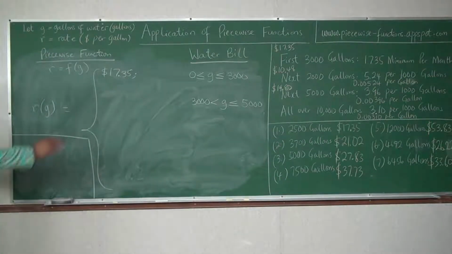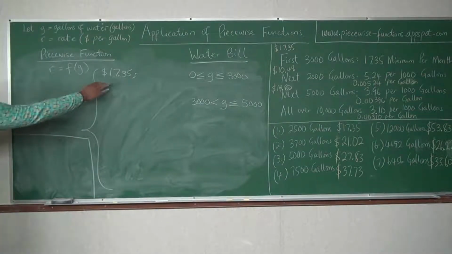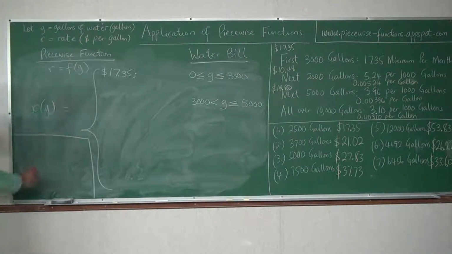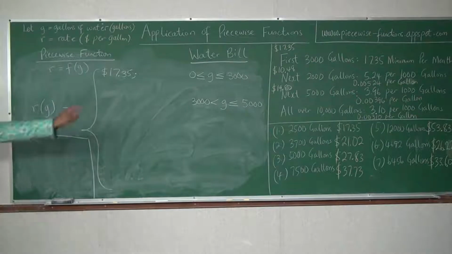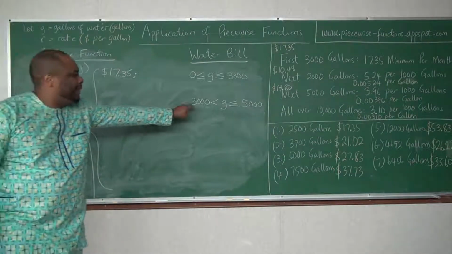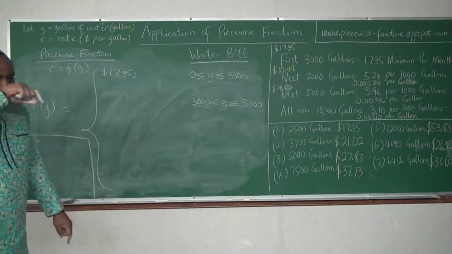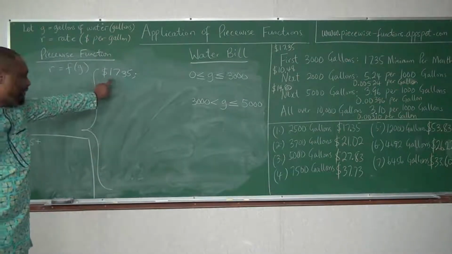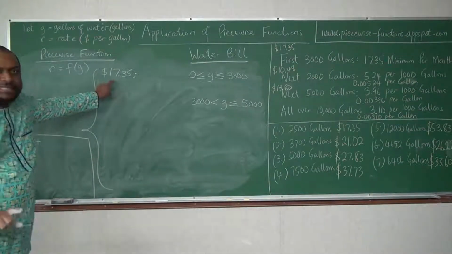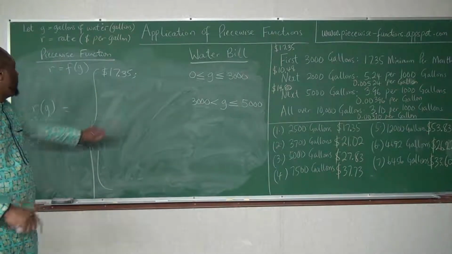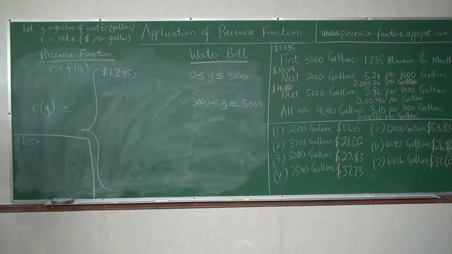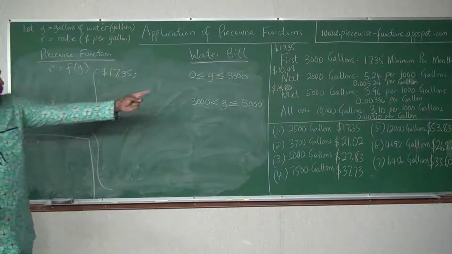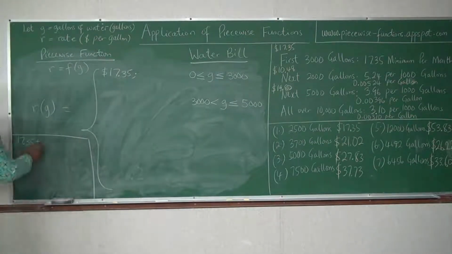Now, for us to write this, we want to write how much you're going to pay here. You must pay $17.35 first. For you to be here, you must pay this first.